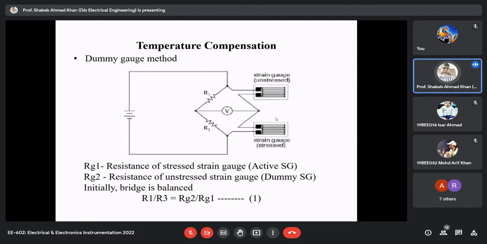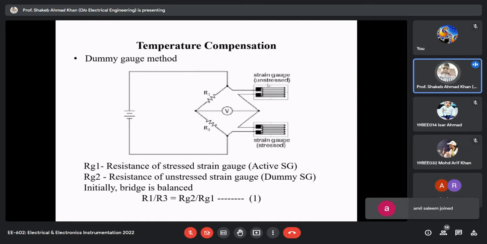So when there is a strain, this strain gauge resistance will change, but this strain gauge resistance will not change, it will remain the same. But if there is a change in temperature, then the resistance of this strain gauge as well as this strain gauge, both of them change equally because they are subjected to the same change in temperature.